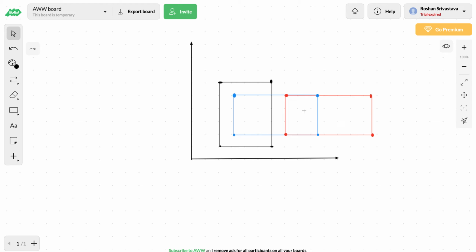They can intersect, they can overlap, but what cannot happen is that the vertices of two rectangles overlap. You can see here, this particular thing is not possible.